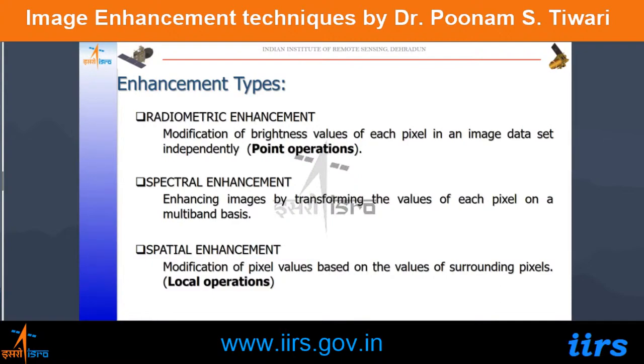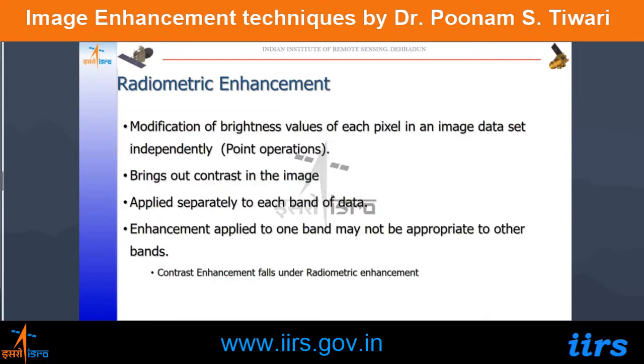So contrast enhancement, which is a very popular enhancement technique, falls under the radiometric enhancement. Before going into the details of contrast enhancement, let us first try to understand what we mean by contrast. Contrast means the amount of difference between the average gray level of an object and that of its surrounding.